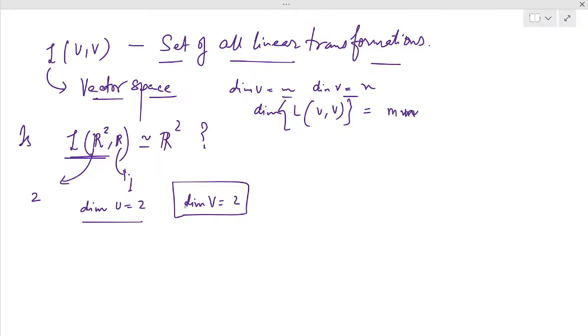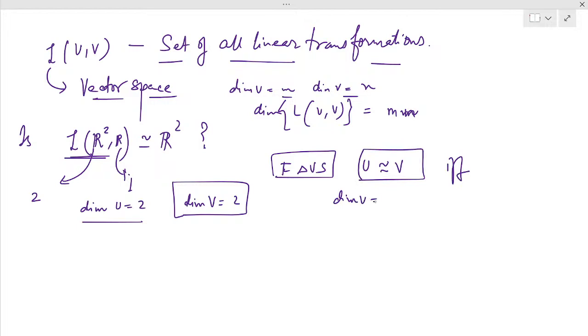And I told you that for finite dimensional spaces specifically, two structures are isomorphic if and only if their dimensions are equal. So if their dimensions are equal, then they have to be isomorphic. So the space of all linear transformations from R square to R is going to be isomorphic to R square.